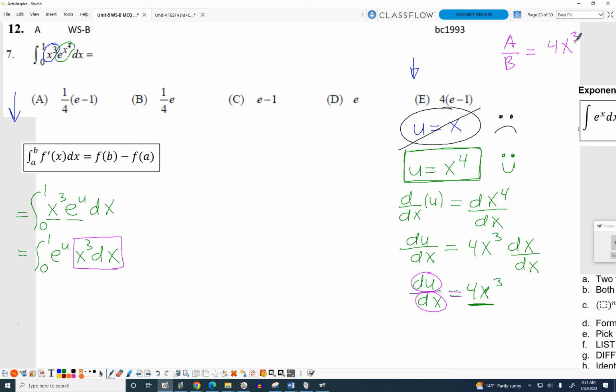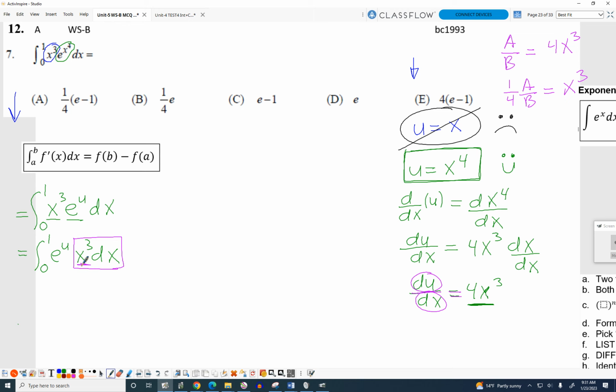So what would you do to both sides? Divide by 4. Are you okay that dividing by 4 and multiplying by 1/4 are the same? Yeah. So I'm going to go 1/4 times a over b is equal to x cubed. I'm making progress because now I'm more like what I have here. That's the x cubed. That's why I didn't really worry about the 4. Okay, yeah. You with me? Yeah. Okay, so ticket for Jessica.